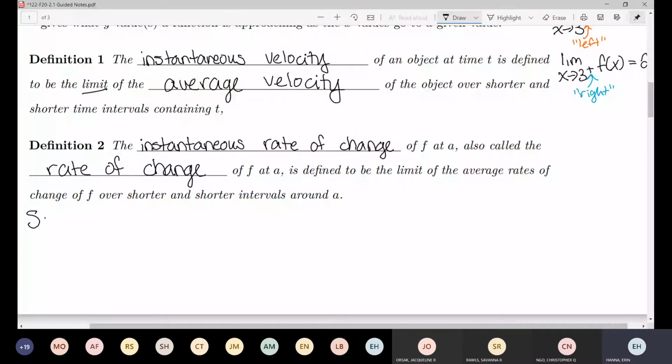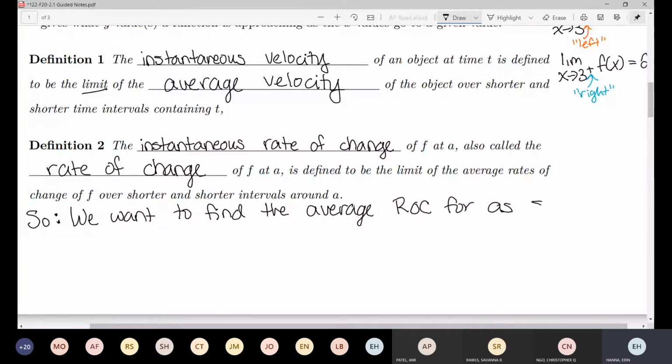So essentially, what we're going to be doing is we want to find the average rate of change for as small an interval as we can.